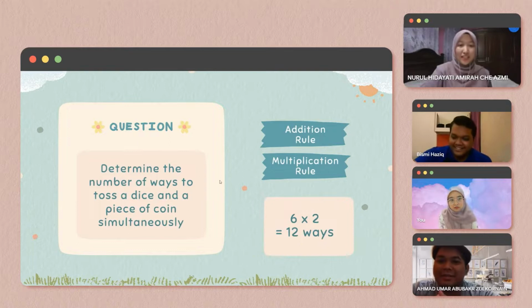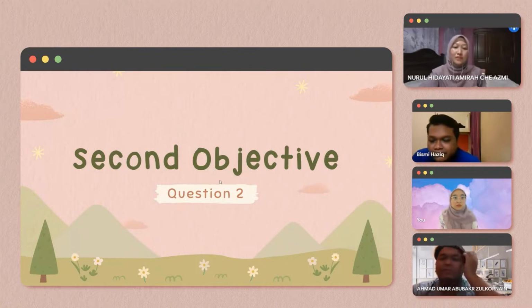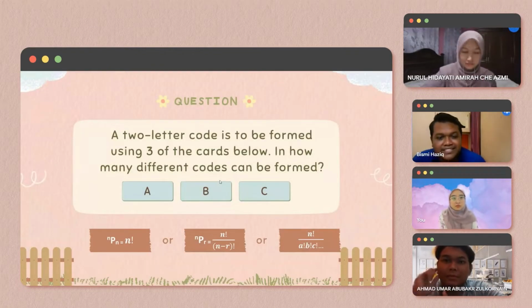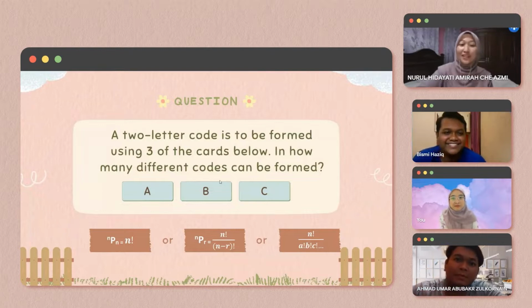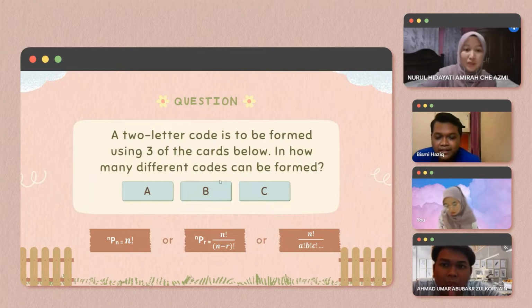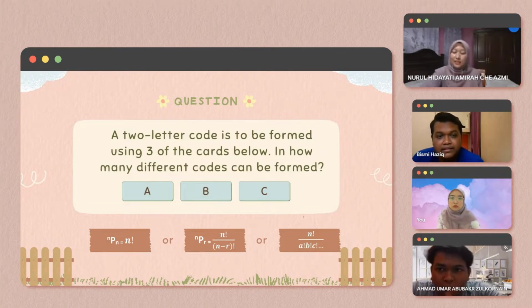Next, our second objective, where we have 3 conditions. The first question: a 2-letter code is to be formed using 3 of the cards. How many different codes can be formed? Which situation is this, NPN, NPR or the last one?